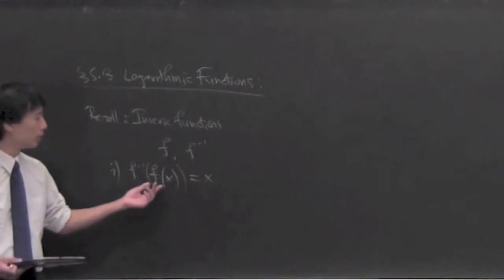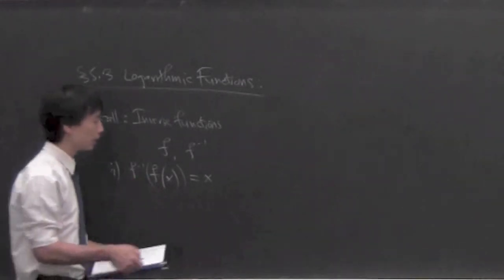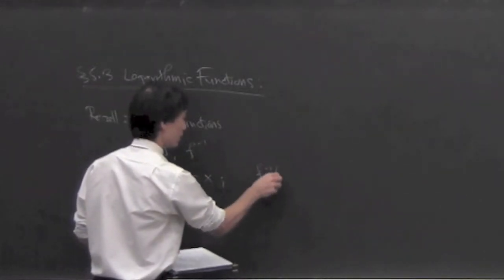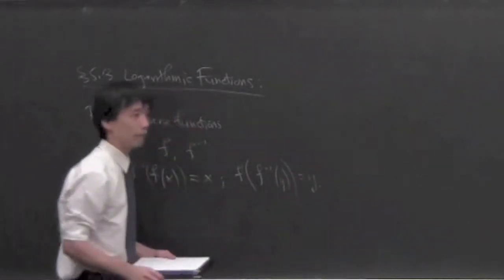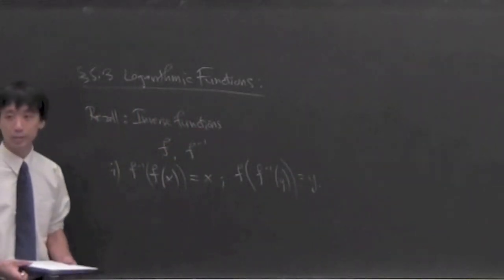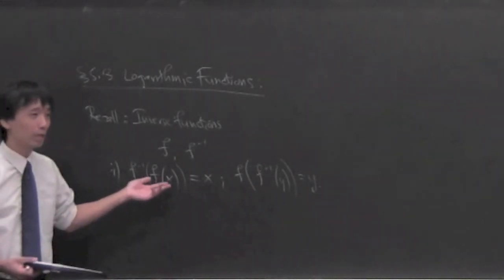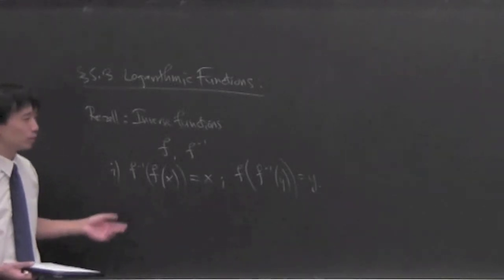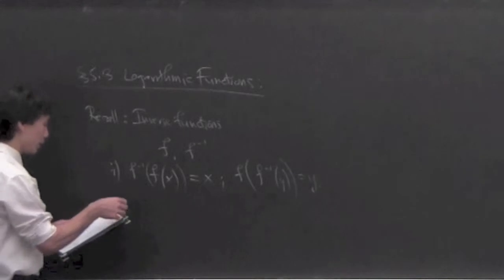The inverse function cancels off the behavior of the original function. And it goes the opposite way also. If you take the inverse function first, you take f of that, and then those things cancel off each other's behavior. Just like, for a simple example, multiplying by 2 and then dividing by 2. Those two functions would cancel off each other's behavior.